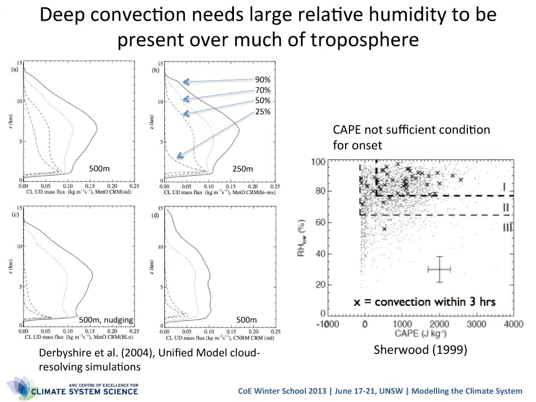This is the plot from Derbyshire. They ran the model looking at the sensitivity of convection to tropospheric humidity, and these are their specifications: 90%, 70%, 50%, 25%. At 25%, all you get is basically shallow convection over here, and they ran the model in cloud resolving simulation mode, so you've got sub-kilometer grid spacings.